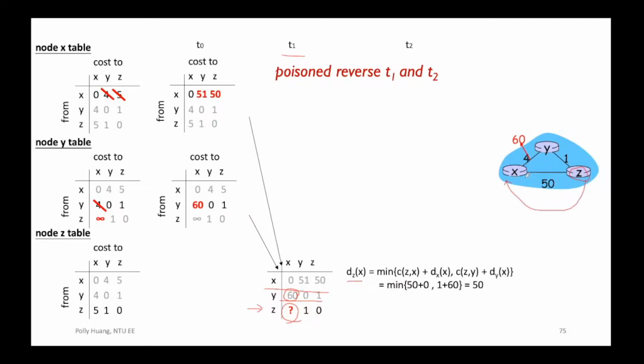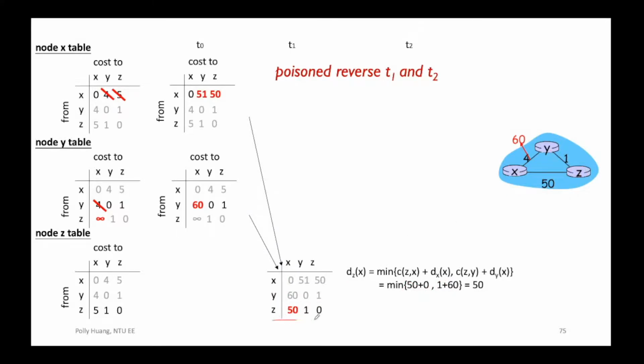From Z to X through two neighbors, link costs being 50 and 1. dxx and dyx: xx value 0, yx value 60. So 0 here, 60 here. Comparing 50 to 61, 50 wins. And you see here, from Z to X we're taking just this link, ZX, as a direct path to destination X. Quite different, isn't it?